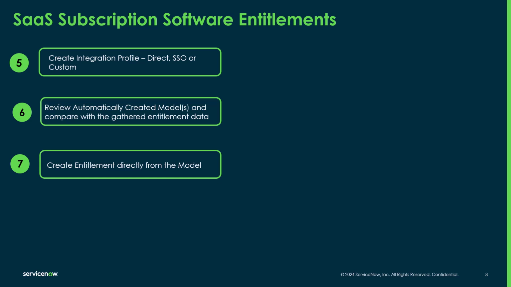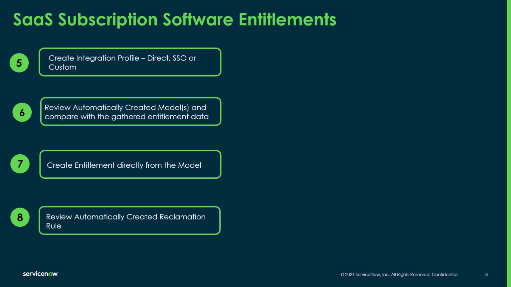It's possible when you create an entitlement with a PPN or bulk import that the software model that gets created might not be exactly what was created by that direct integration. And that can leave you with some duplicate software models and maybe the entitlement being tied to the wrong one. So creating your entitlements from the software model that was created for the direct integration is a pretty safe way to make sure you're going to start seeing the right consumption for that entitlement.